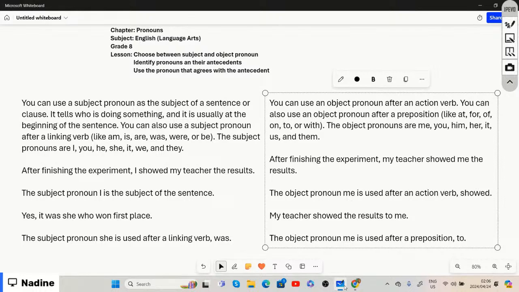The lessons we are going to focus on under the chapter of pronouns are to choose between subject and object pronouns, to identify the pronoun and the antecedent, and to use the pronoun that agrees with the antecedent.